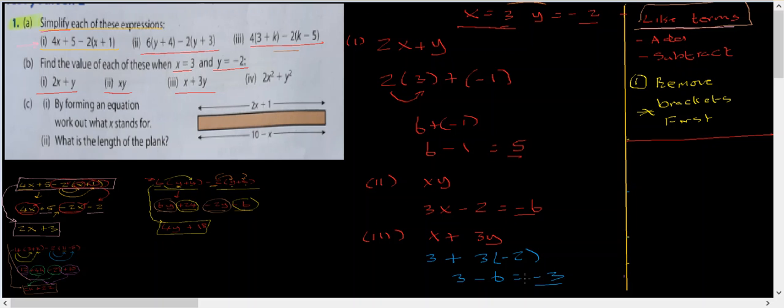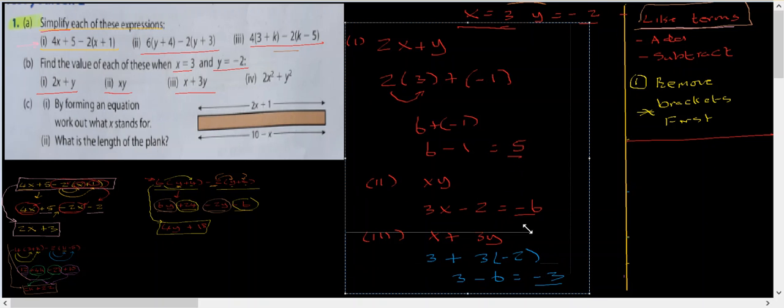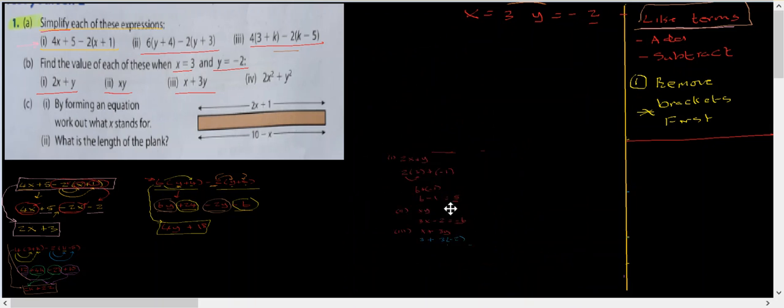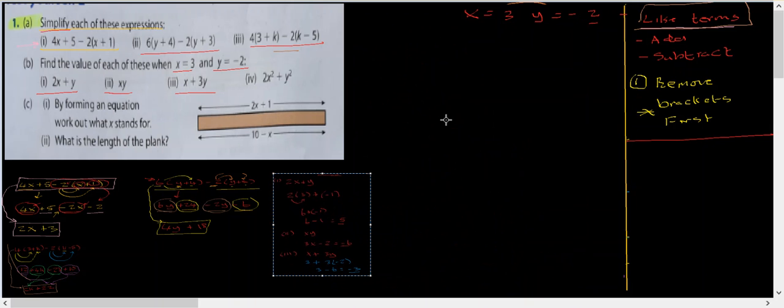So minus 3. That's your answer to question part 3. And let me just remove some of this so I can work with the rest of the questions. So I'll put that there.